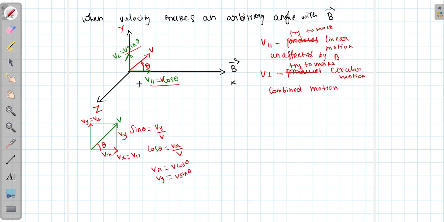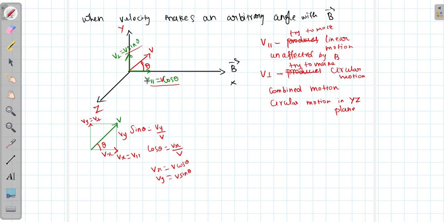See, in this case, if the charged particle enters in the XY plane, it produces a circular motion in the YZ plane, for this particular diagram.